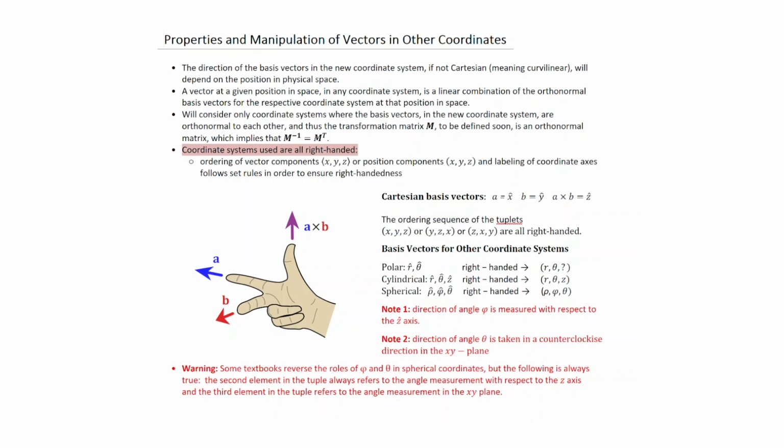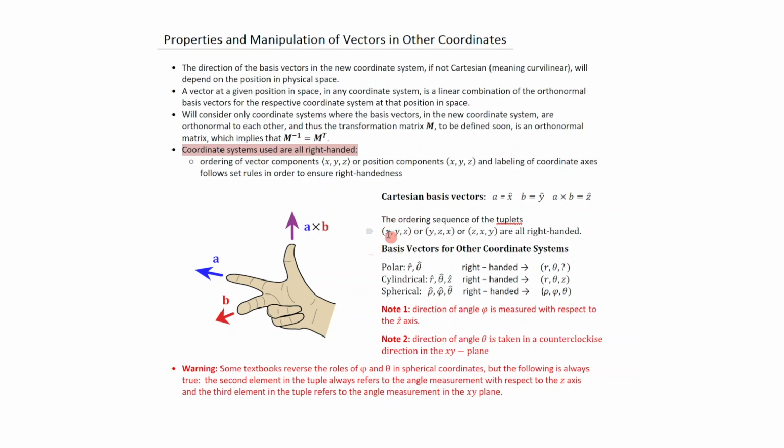The ordering sequence of the tuples, x, y, z, or y, z, x, or z, x, y, are all right-handed. So there's a sequence here. And so you would see that going from here to here was more like a shift. What we're doing here is shifting x to the right, wrapping around and bringing it back on the right.